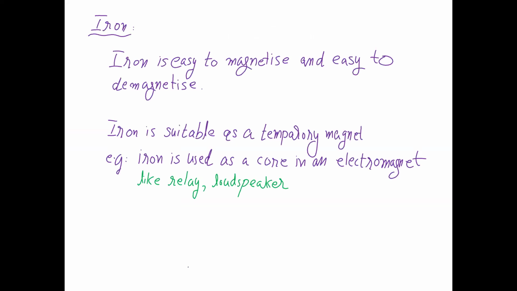So iron is suitable when temporary magnetism is needed, like computer RAM, the random access memory, or a loudspeaker, a doorbell, where magnetism is temporarily needed. So when you switch off, the magnetism has to go off. So you have to copy this also.